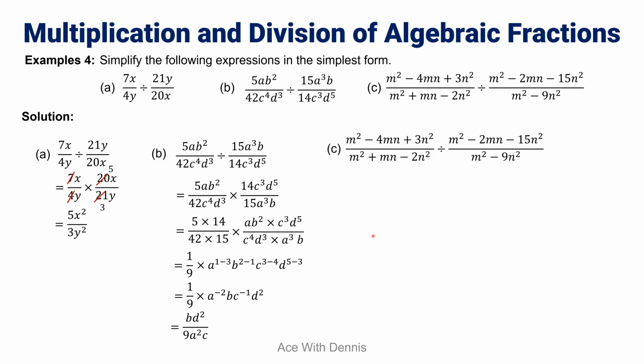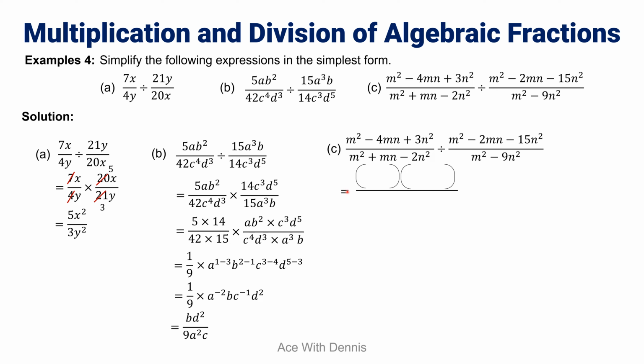Okay, so now we move on to C. It's very long here. What we have to do again in the very first step is change this division to multiplication and this fraction to its reciprocal. And we can actually factorize this first fraction first. Let's factorize m squared minus 4mn plus 3n squared using the double bracket method.